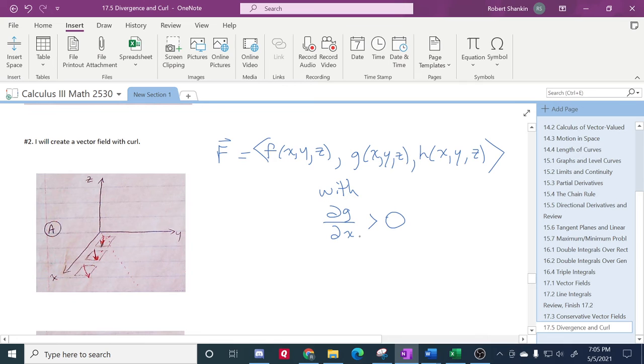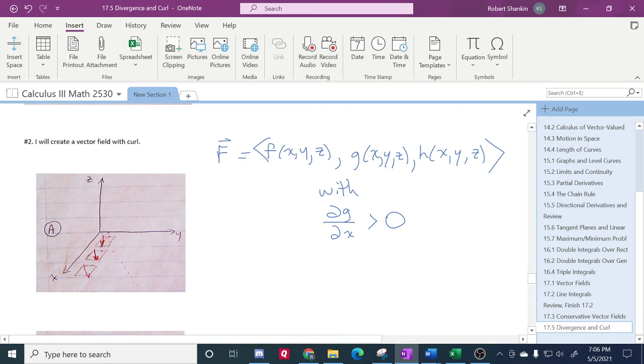Now, what this means is, imagine there were little rectangles that each vector could fit into. And each vector starts at the upper left-hand corner of the rectangle.